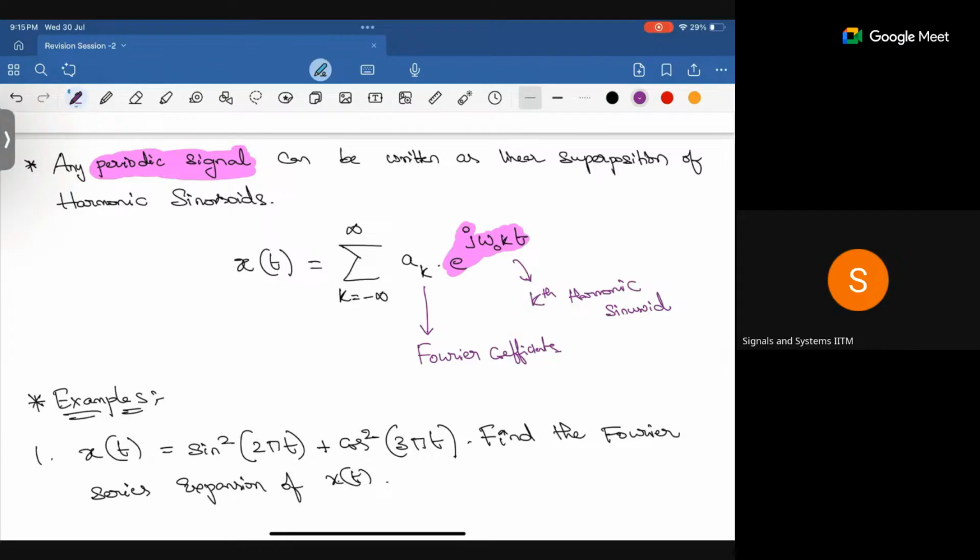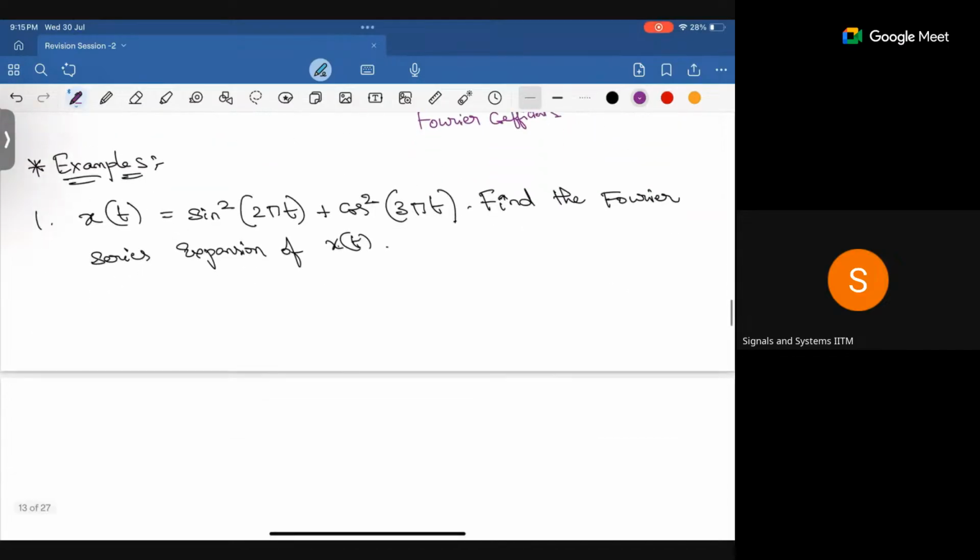So all we have to do is express the given signal as a summation of these kth harmonic sinusoids with some coefficients. So it's like a linear combination.